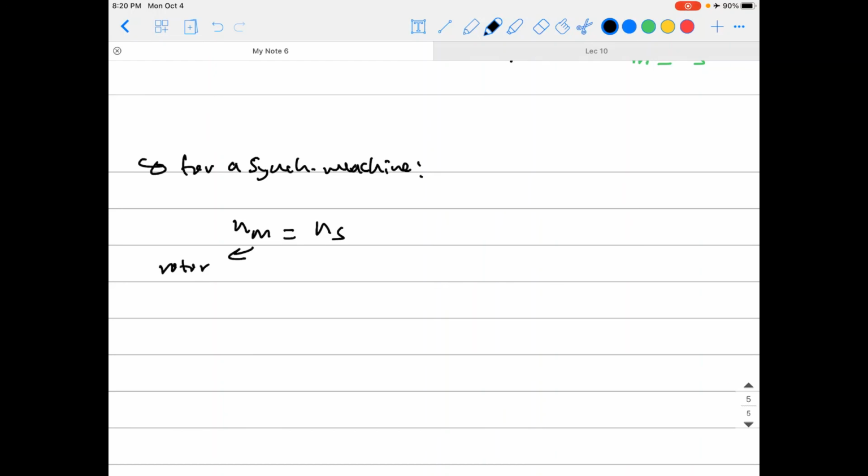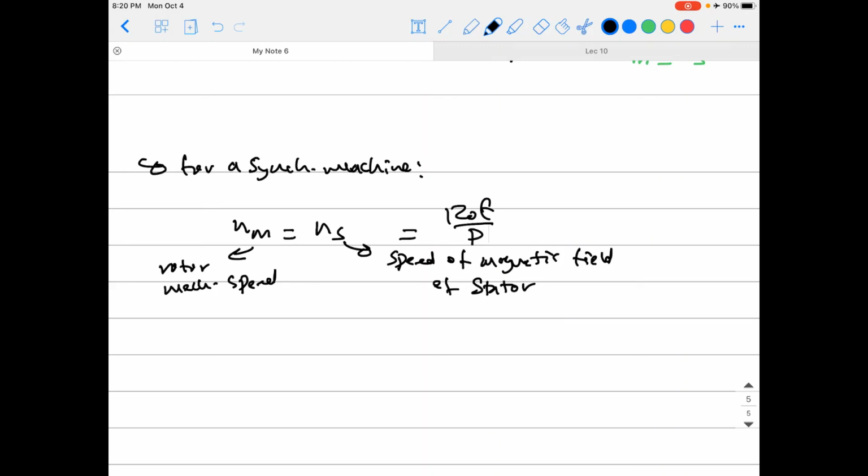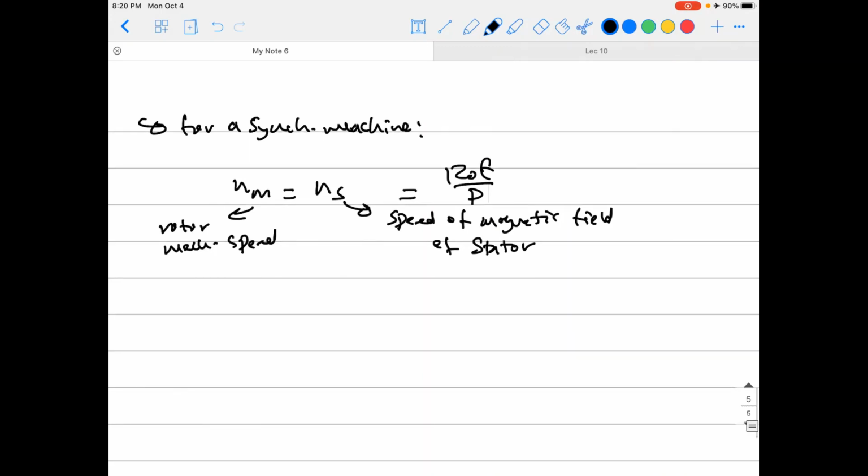Nm is the rotor mechanical speed, and Ns is the speed of the magnetic field of the stator, not the stator itself, the magnetic field of the stator. And this equals 120 f over p, and that's why we call it a synchronous speed.